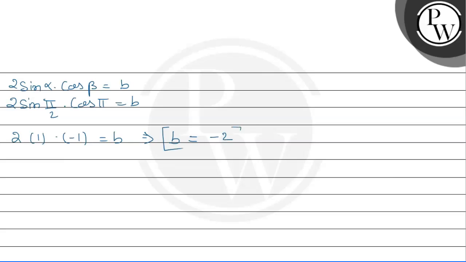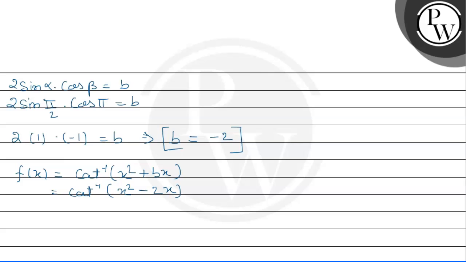Now we have the values of a and b. Now we are given f of x is equal to cot inverse of (x square plus bx). Now we have the value of b, which is minus 2, so this will be minus 2 into x.